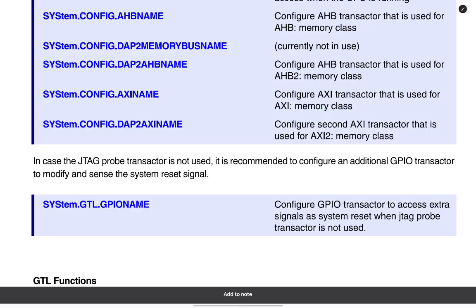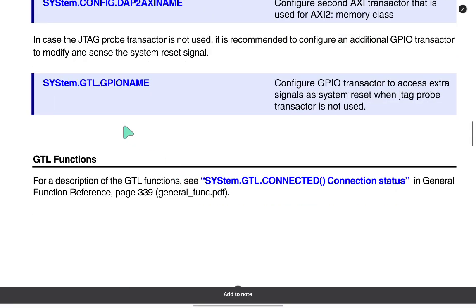In case the JTAG probe transactor is not used, it's recommended to configure an additional GPIO transactor to modify and sense the system reset signal.